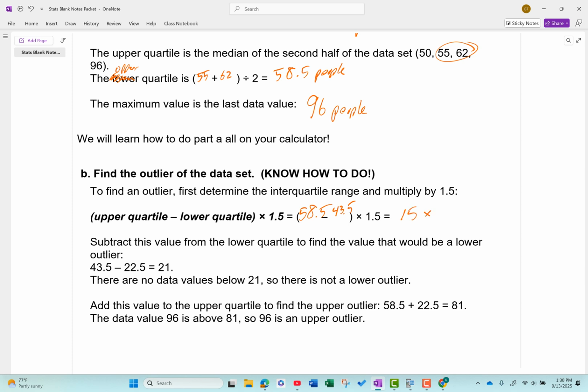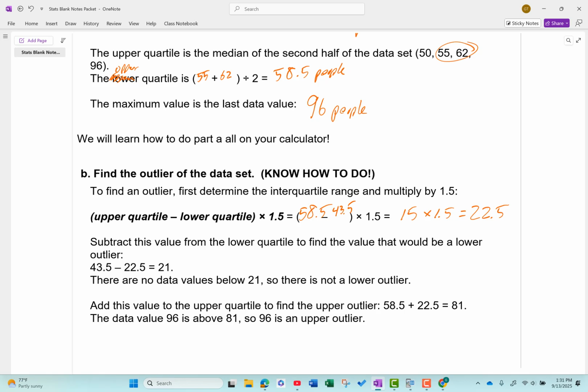And then I've got to multiply that value by 1.5. Again, 15 is the IQR. 15 times 1.5. I'm using the IQR and multiplying that by 1.5, something that easily gets confused and lost in the shuffle over time. All right, so this value is 22.5.